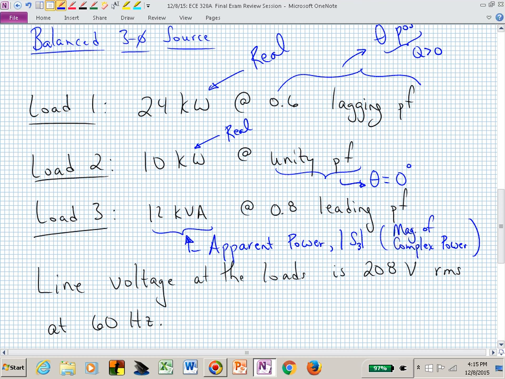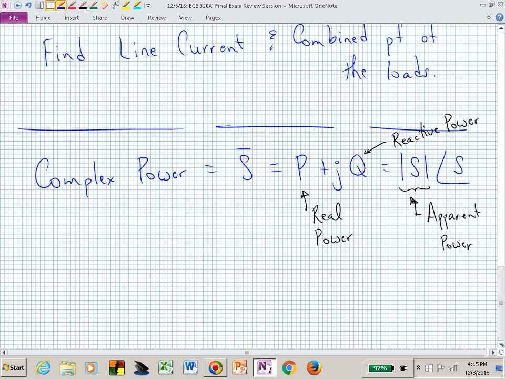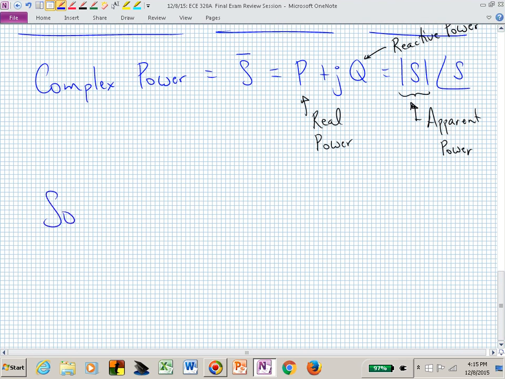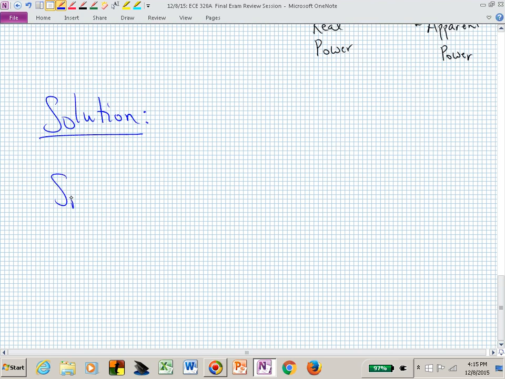Let's now find all the different pieces, our triangles, for each of these loads. Load 1, load 2, and load 3. Let's get into a solution mode. S1. Uh-oh, now you're going to hold me to my colors, aren't you? Was real power blue, reactive power was green, and the complex power was red, I believe.